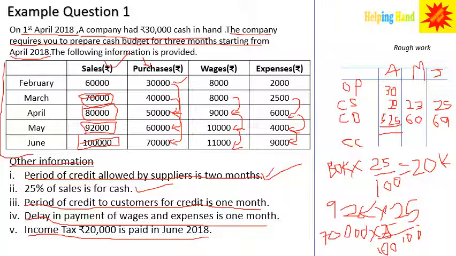That will come here first. So 30,000, 40,000 and 50,000 respectively. Then we have this delay in payment to be recorded, after which we have income tax to be recorded only in the column of June. The other two columns don't have that balance. Okay, so let us see how the solution goes.